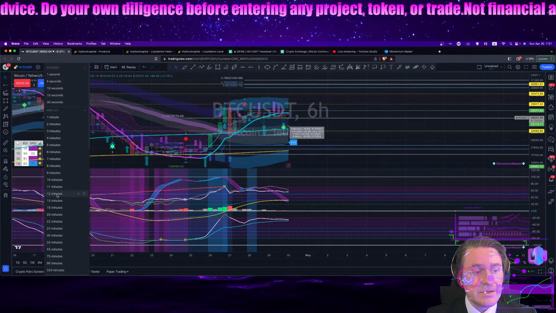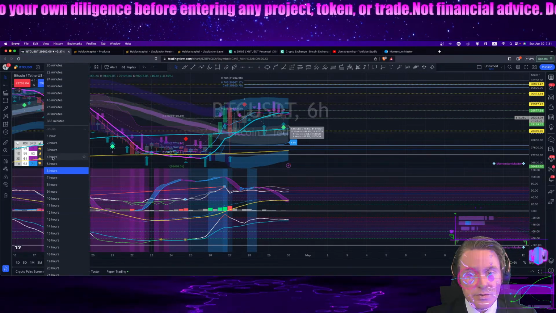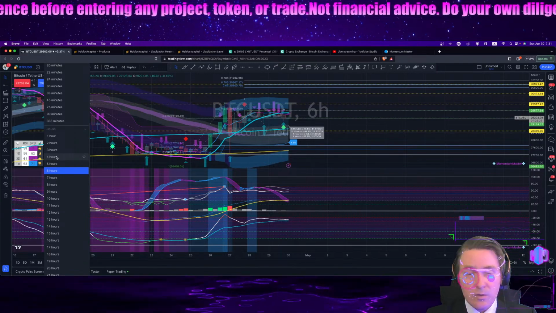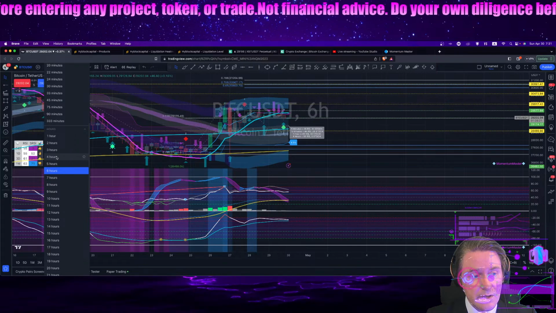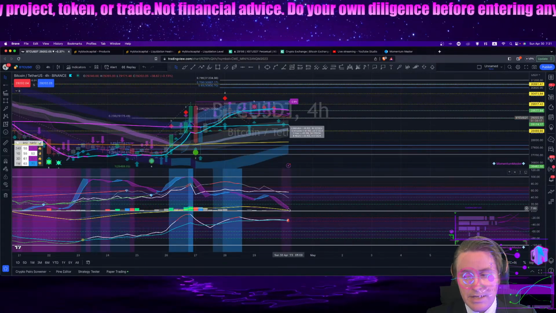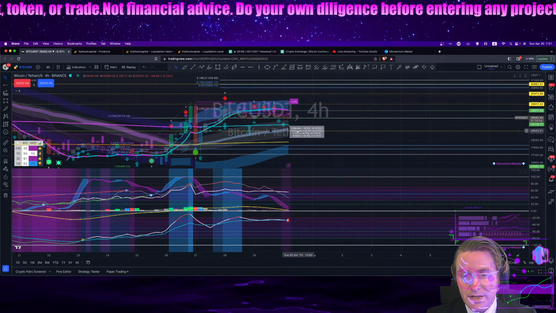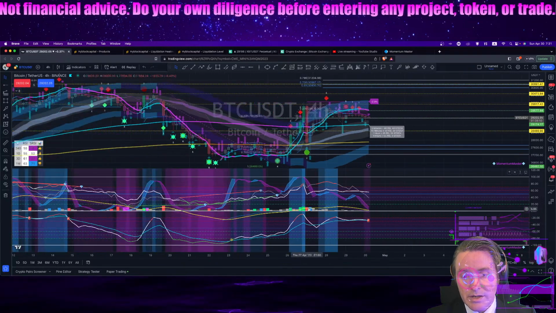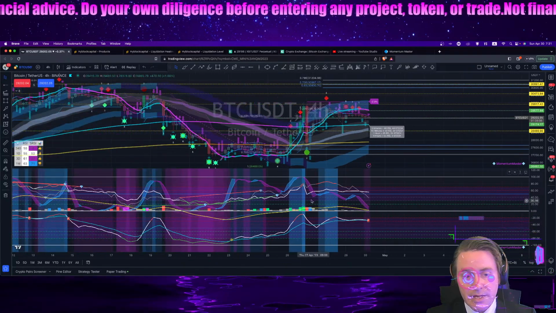So I would expect something to start to occur around the daily candle close in an hour and a half. And the 4 hour time frame is reset, but during these last 7 points can get really nasty, especially if you have the alarm going in that direction to the downside.